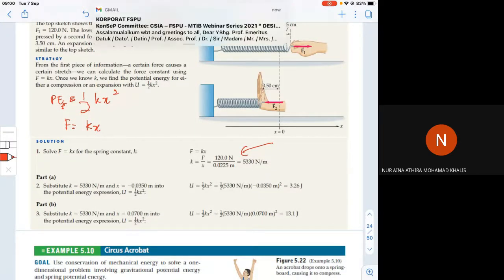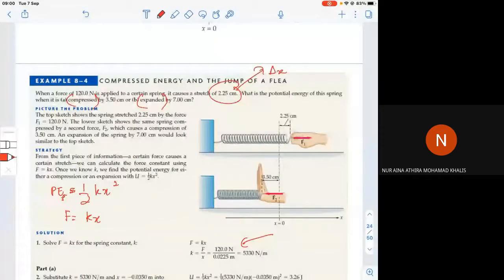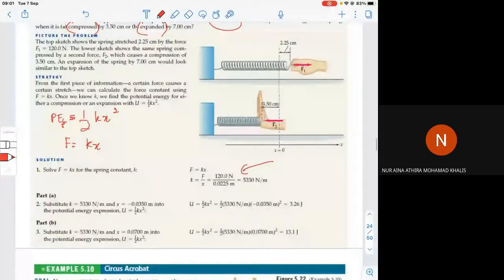And by calculating, for compress 3.5, you need to establish the direction. When the spring is going to the left, that means it is compressed. Let's say this is x equals 0. When you look to the left, x will be negative 0.035 meters.